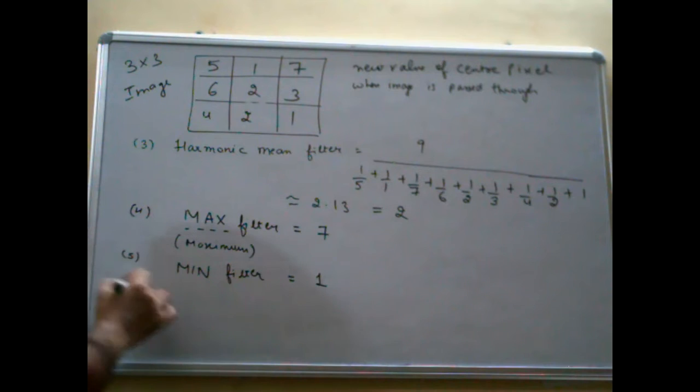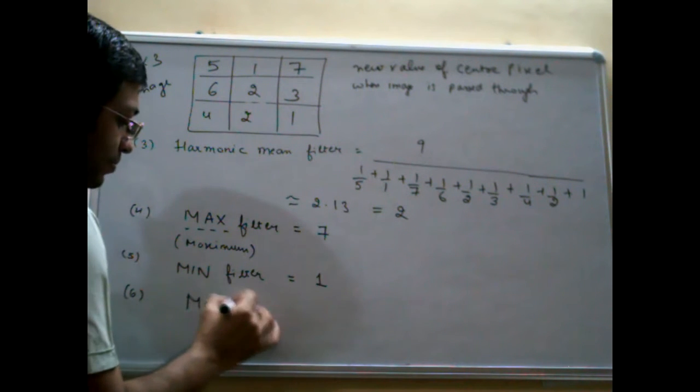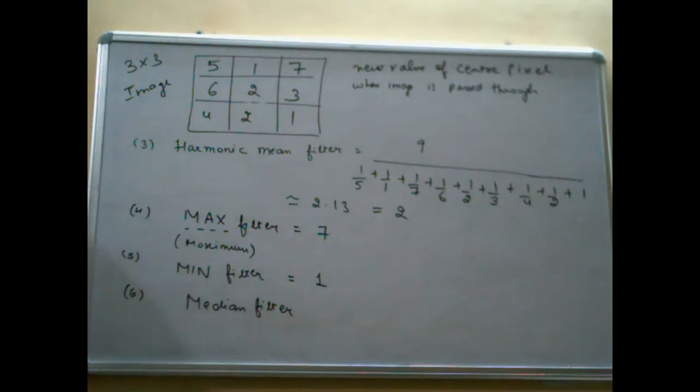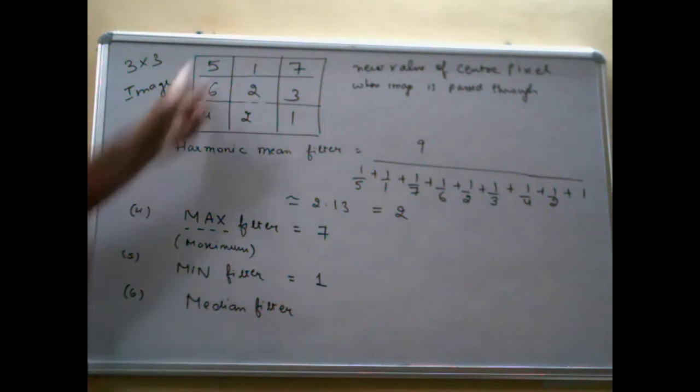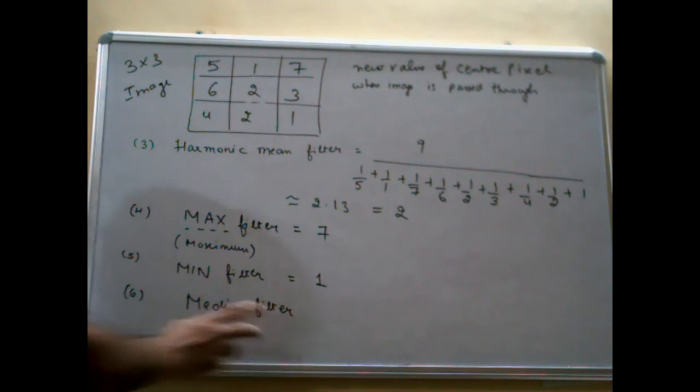Next is the median filter. This question is for you. Just find out the median of all these 9 values and tell me the answer. Hurry up. 1 minute I will give you. Tell me what will be the result when I apply a median filter.